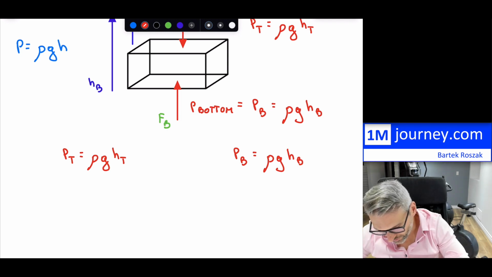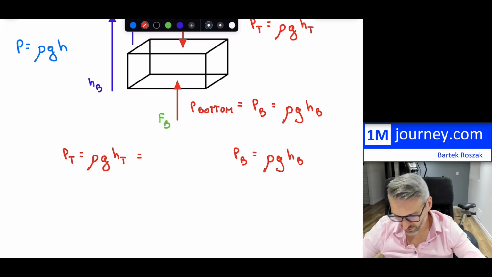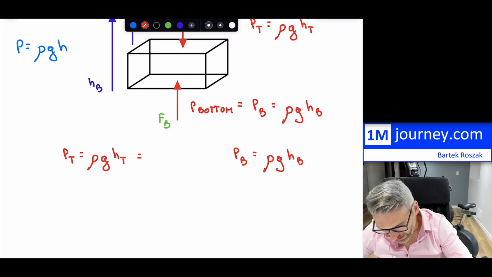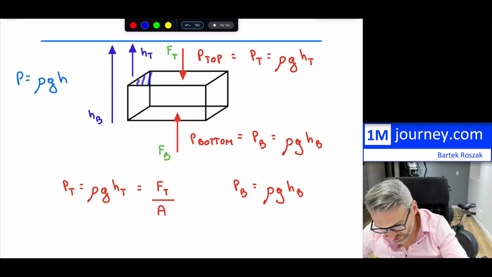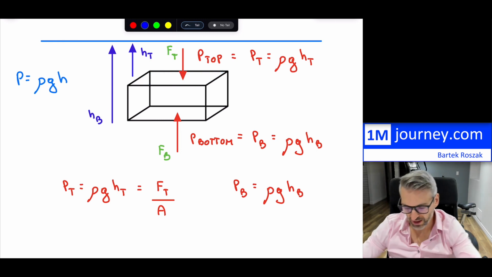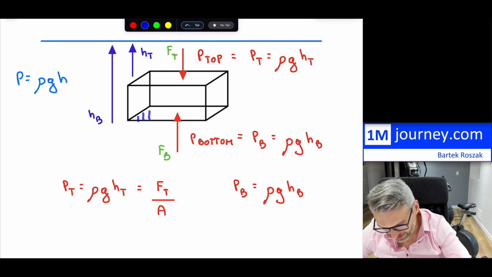We do know that pressure in general is equal to the force present divided by whatever surface area you have. The surface area here would be the surface area present up on top of that object. So that would be my area. Now, because I have a rectangular prism, I also have an area at the bottom.